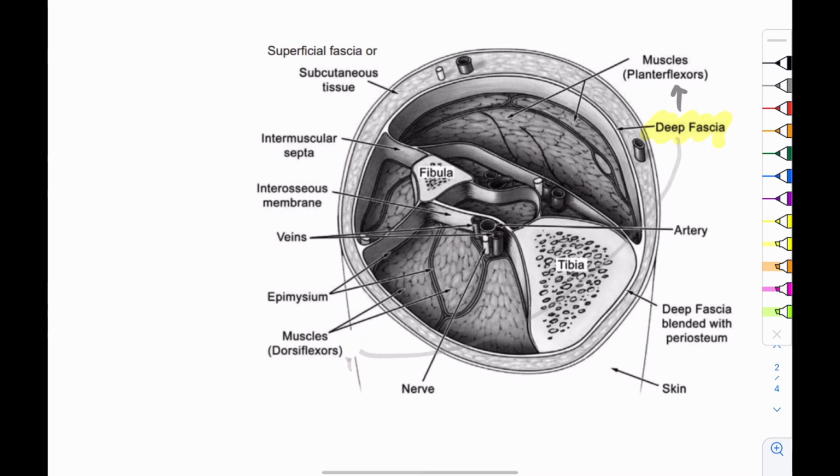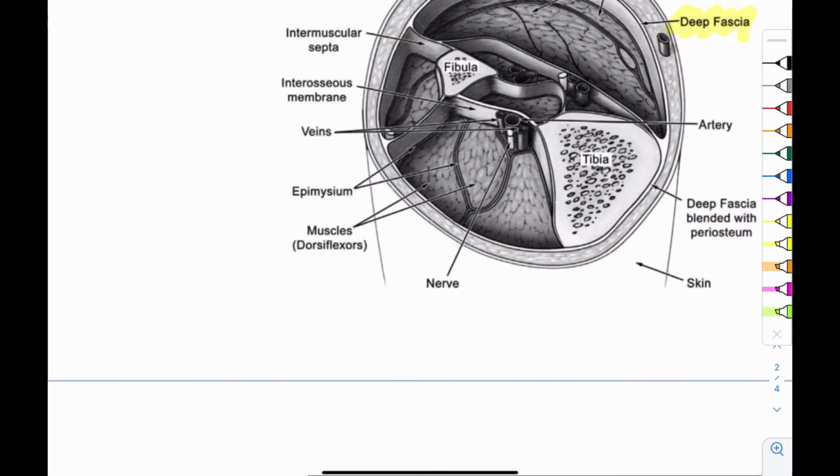And a way to remember dorsiflexor versus plantar flexor is, for dorsiflexors, if you imagine you're standing here and you went to kick down a door, your foot would be pointed backwards here. So it's pulling your foot up.